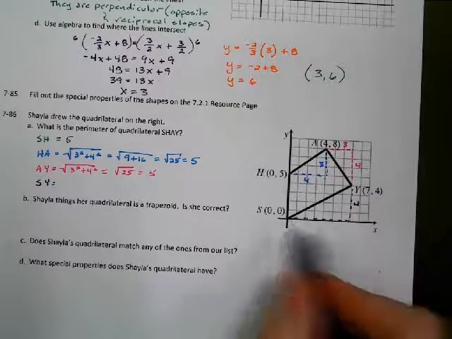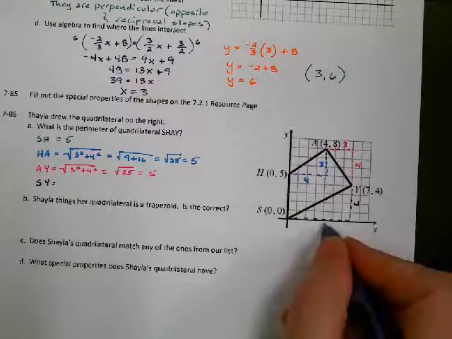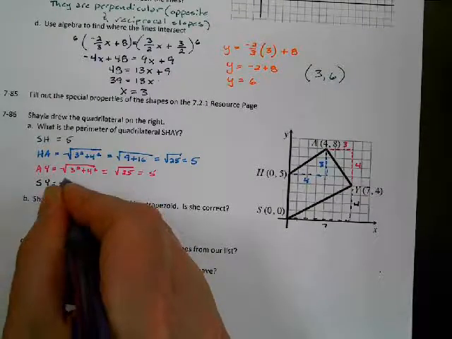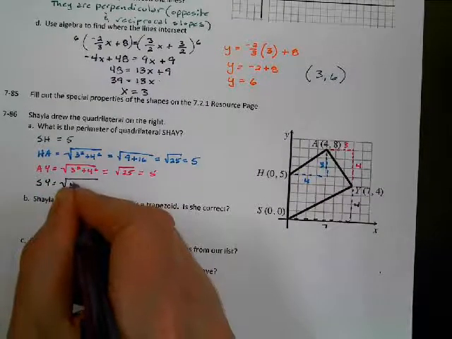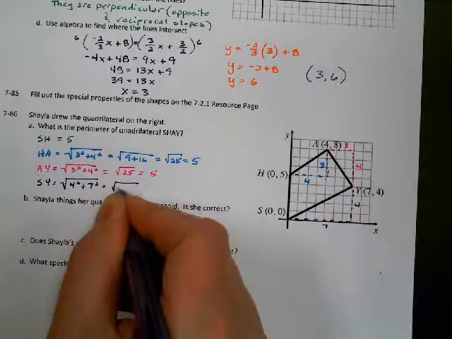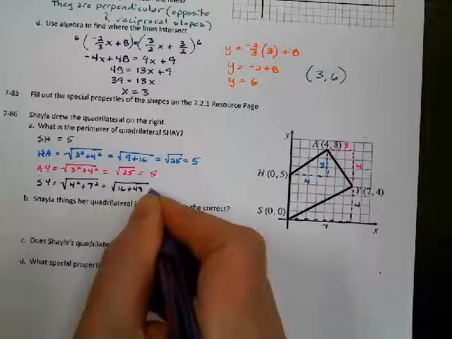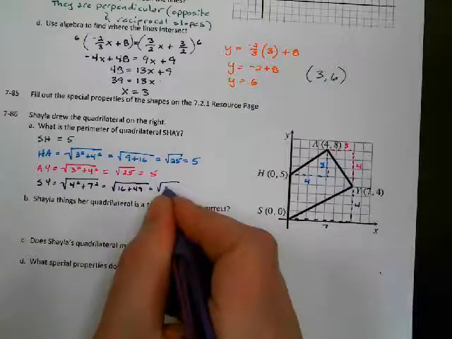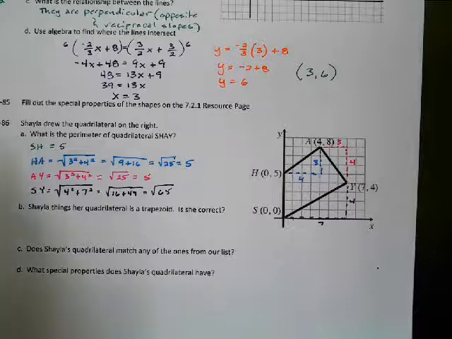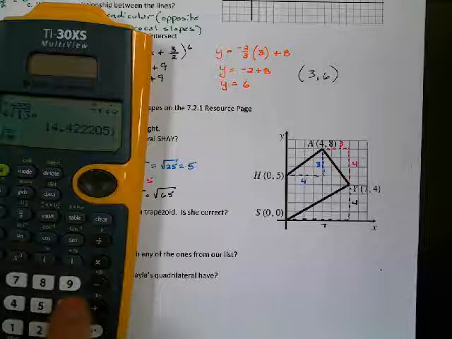So we're going to do the square root of 4 squared plus 7 squared. So this is 16 plus 49, which is 65. That's not a perfect square. It's really close to 8. I bet it's going to be like 8.1 when we plug it in there. Let's see. So the square root of 65, yep, about 8.1 if we round it out. So this is approximately 8.1.